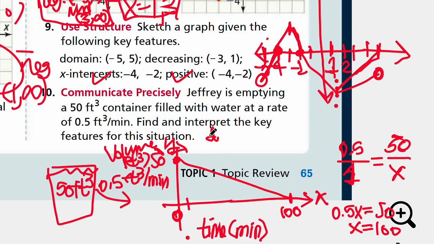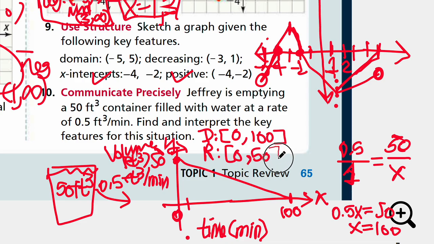So your domain will be, I'm going to use the interval notation, from 0 to 100 with the square bracket. And your range, identify the range as well. Yes, it's going to be from 0 to 50. Your volume of water cannot be negative because in this situation, it's not going to have a negative volume. It's always going to be positive.